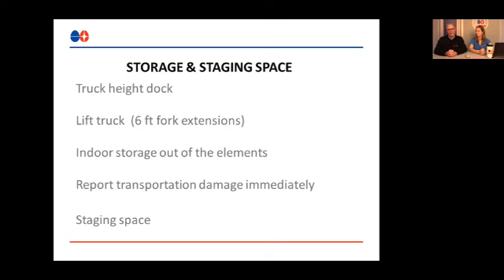Well, what the shippers use here is they put literally 6-foot fork extensions on their lift truck to help balance out the product when they're lifting it. Prevents tipping. So if at all possible, we recommend using fork extensions at the site to safely take product off the trucks.